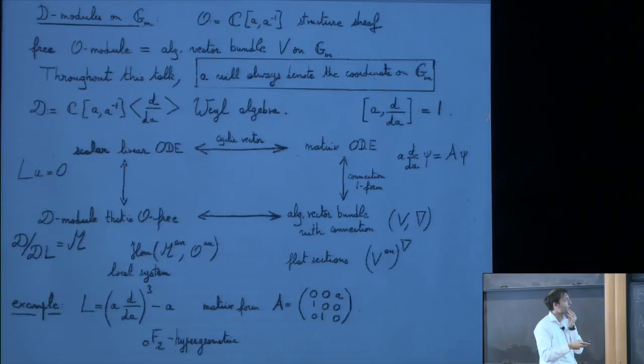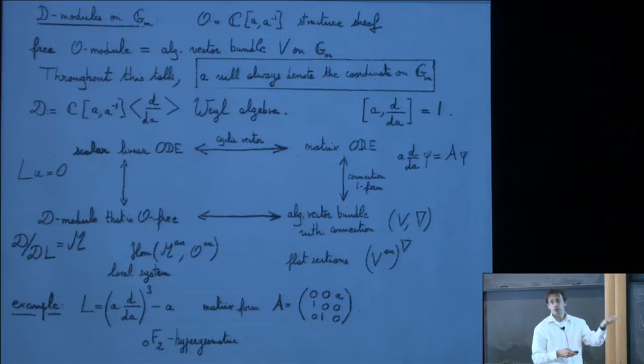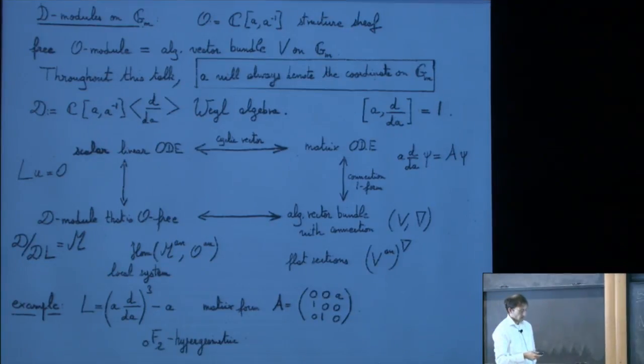And in each case, you can consider solutions. Here you would solve Lu equals 0. Here you would take flat sections, and here you take a Hom. So in D modules, Hom corresponds to solutions.